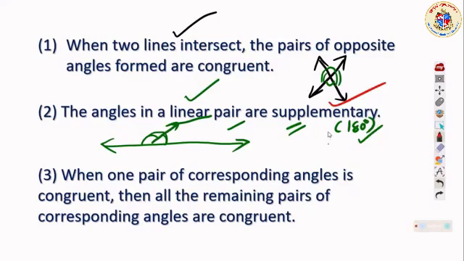When one pair of corresponding angles is congruent, then all the remaining pairs of corresponding angles are congruent. Corresponding angles are those angles which are on the same side of the transversal.